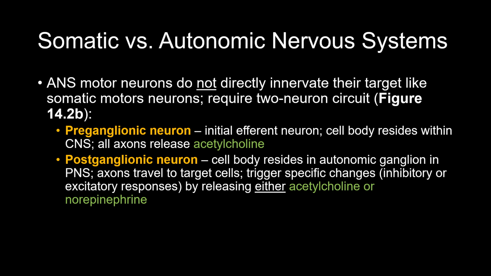So then the axon of this postganglionic neuron will synapse onto the target cell, in which it triggers a change by releasing various neurotransmitters like acetylcholine or norepinephrine. And then these neurotransmitters may either stimulate or inhibit their target cells.